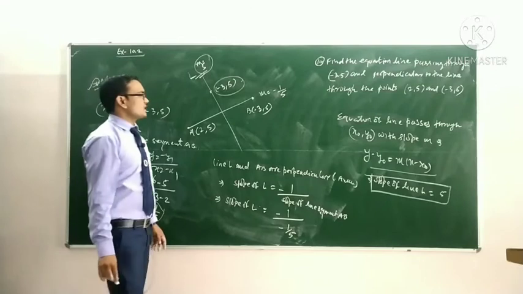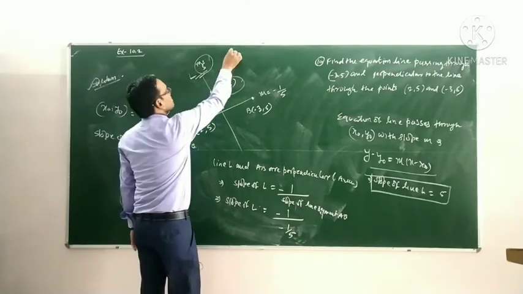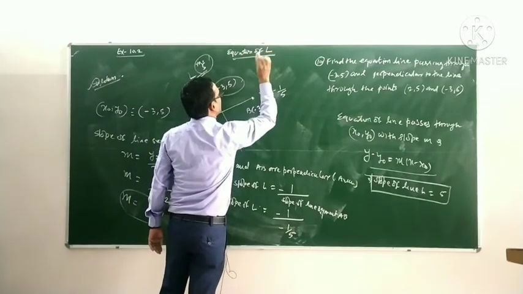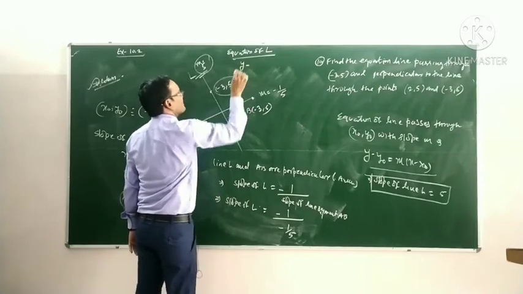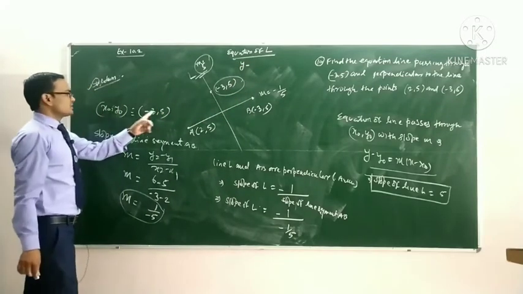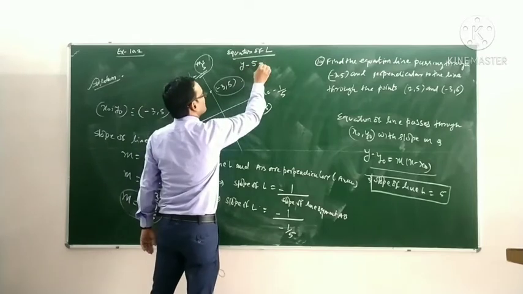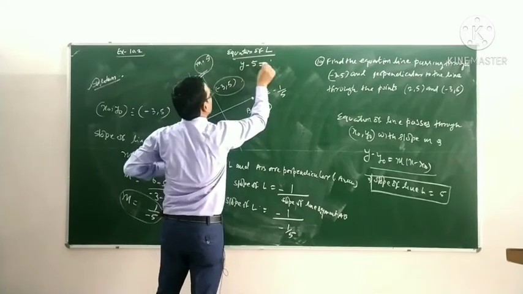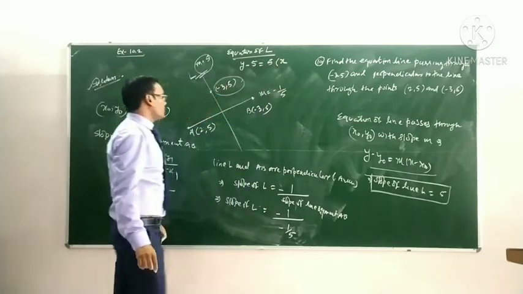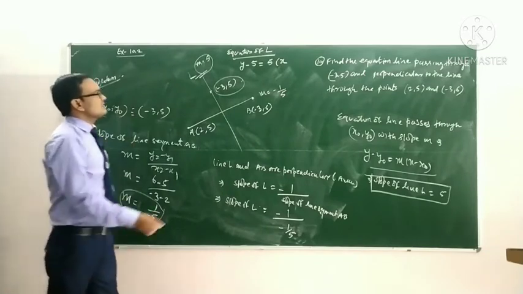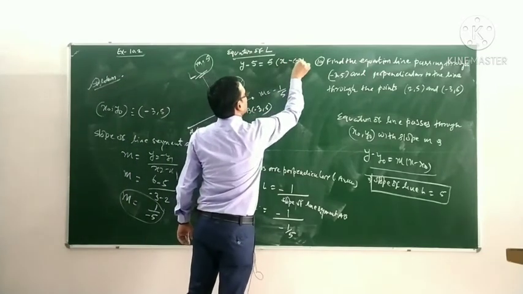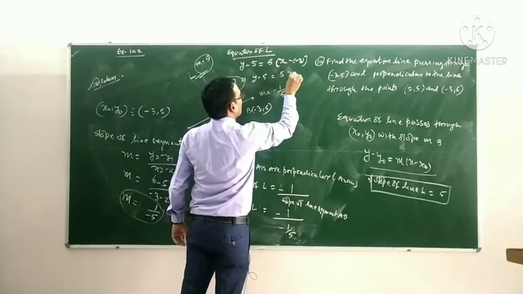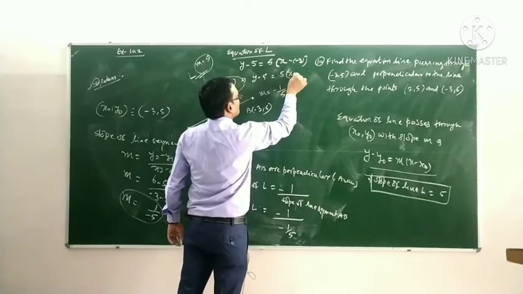We find the equation of the line L: y minus y0, where y0 is 5, equals m, which is also 5, into x minus x0, where x0 is minus 3. This implies that y minus 5 equals 5 into x plus 3.